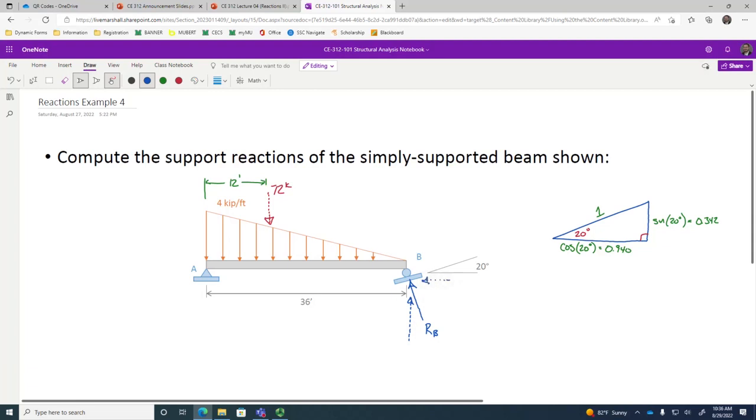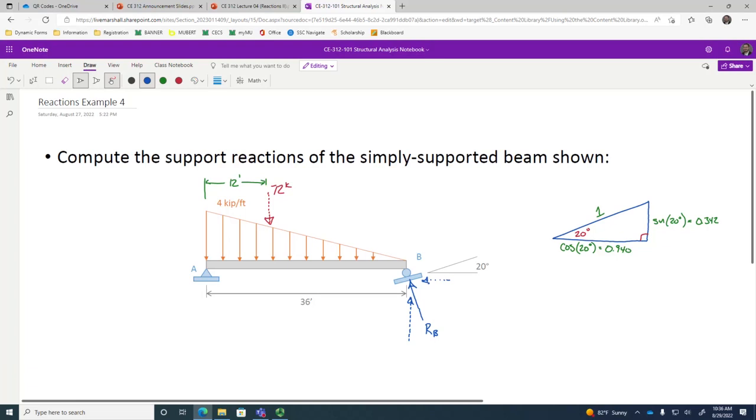The way that I'm drawing them is not really an assumption. The assumption came from assuming that the reaction is going like this. If the reaction is going up and to the left, then the components are up and to the left, right? I either draw them up and to the left or down and to the right, okay? And that will be very important later when we start looking at trusses, because we're going to have oodles and oodles of joint analyses, and we will have to be very cognizant of the direction that we draw our components.